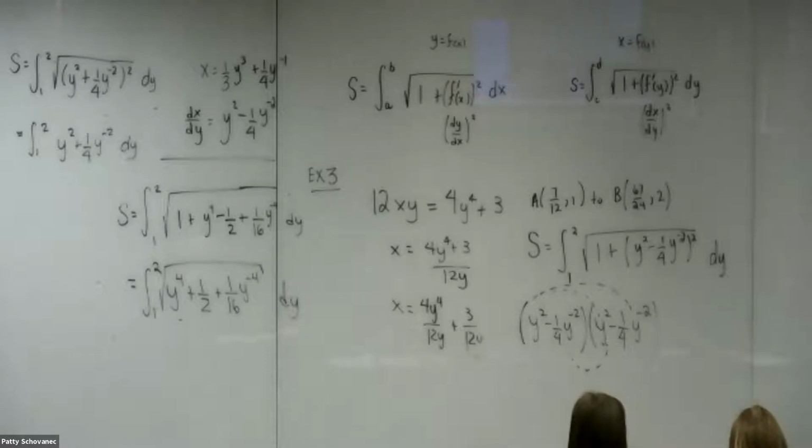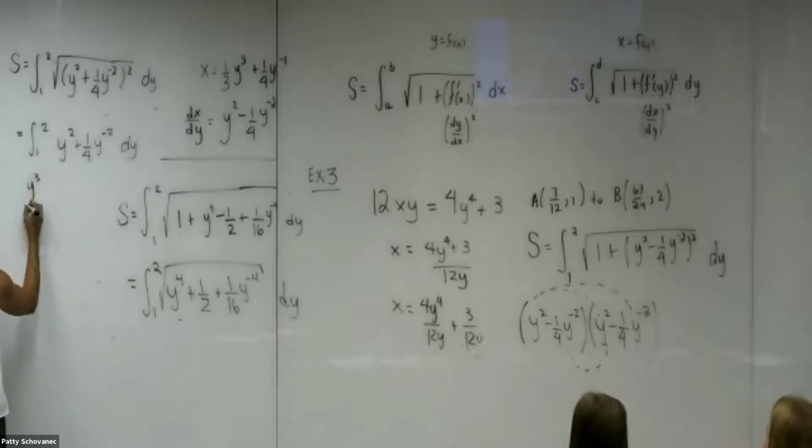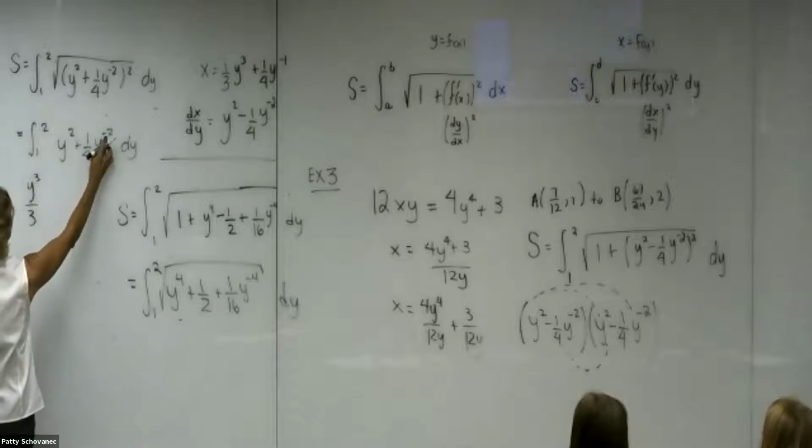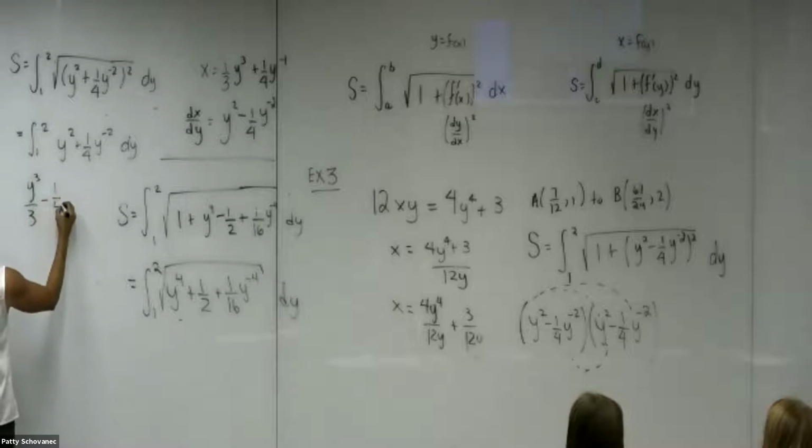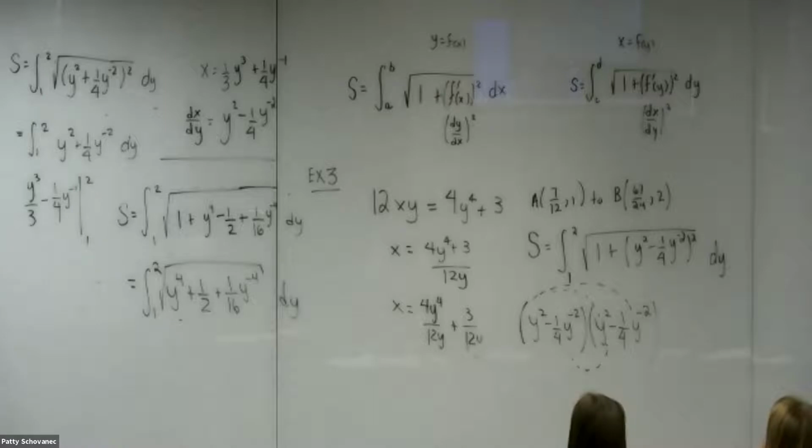Right with me? So now we integrate and we get y cubed over 3, and this becomes minus 1/4 y to the negative 1, evaluated from 1 to 2. y to the negative 1 means 1 over y.